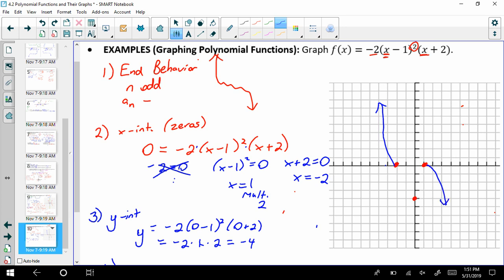And now we just need to figure out the middle. So this first 0, -2, I only got it 1 time, an odd number of times. So that means I'm going to cross through it. I'm crossing through it. The x-intercept of 1, I got an even number of times, so I'm going to touch it and turn around.